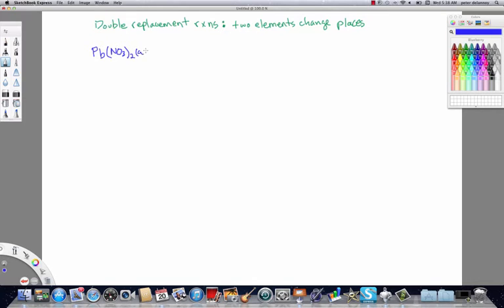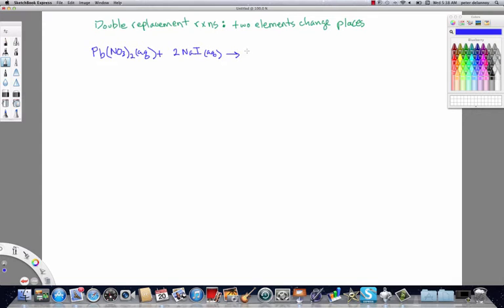And this is going to be in a reaction with sodium iodide, and so I'm writing the balanced molecular equation for this.